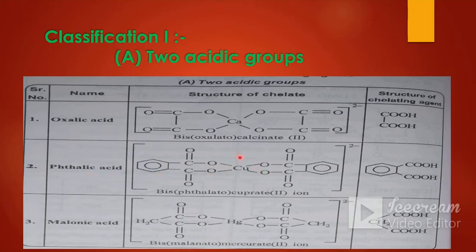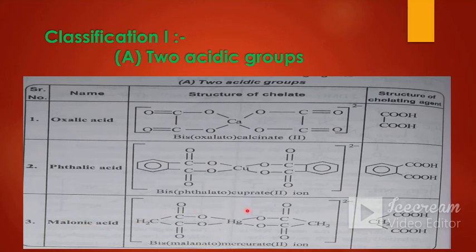Here also, centrally copper, with this acidic group number 1 and number 2, the name is bis phthalato cuprate 2 ion, and the structure of phthalic acid is like this: a benzene ring and two acidic groups, that is COOH and COOH. Next example, malonic acid.